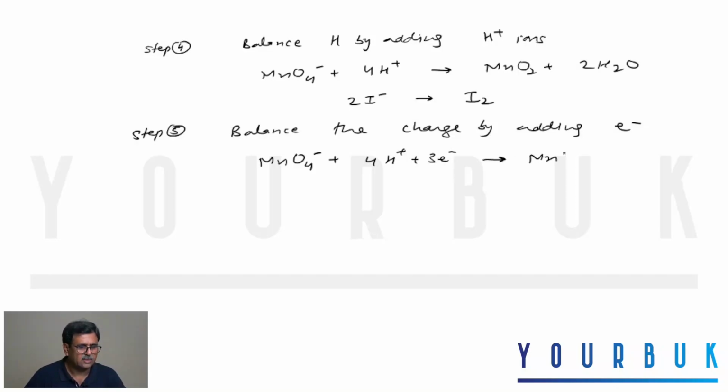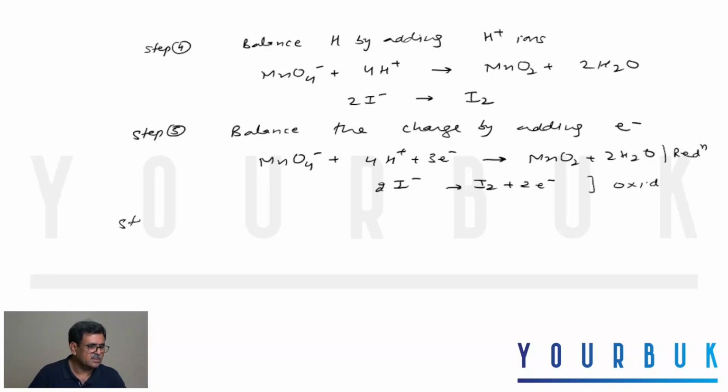The net charge on the right hand side is 0 and the left hand side should also be 0, so we have added 3 electrons to make the charge on the left hand side equal to 0. And 2I minus gives I2. We write 2 electrons on the right hand side to balance the charge. Since this is loss of electrons, this is called oxidation and this is called reduction.